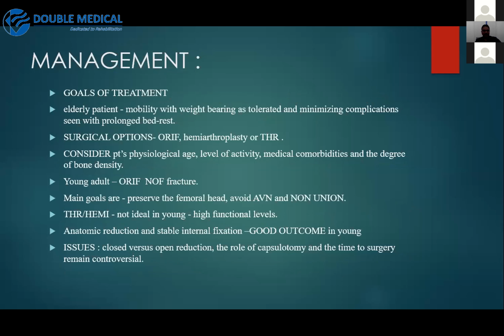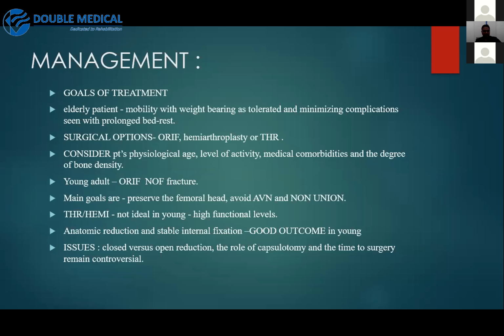So coming to our management goals, the goals of treatment for the elderly are immediate weight bearing with mobility as tolerated, and minimizing complications seen with prolonged bed rest. The surgical options can be open reduction and internal fixation, hemiarthroplasty, or total hip replacement. We need to consider the patient's physiological age, level of activity, medical comorbidities, and the degree of bone density.